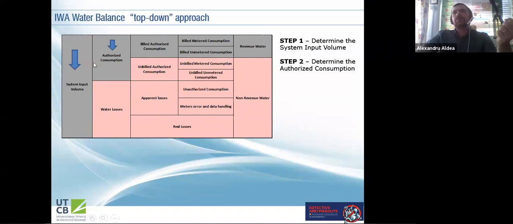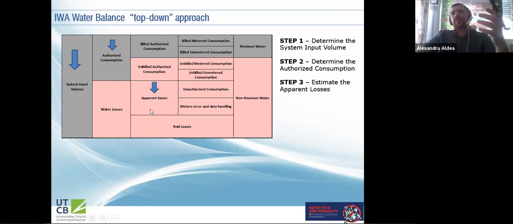Step two, you have to determine the authorized consumption, and you determine that by entering all the information in the fourth column here. So you have to enter billed metered, billed unmetered, unbilled metered, and so on. Then you add those two, and you have the figures in this third column, and then you add also those two, and you have the authorized consumption.